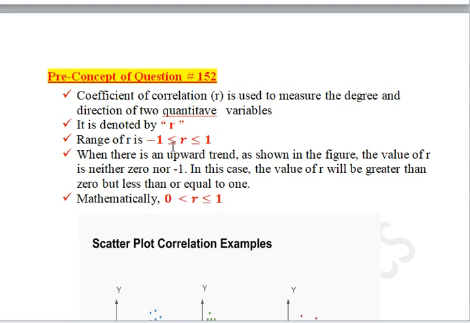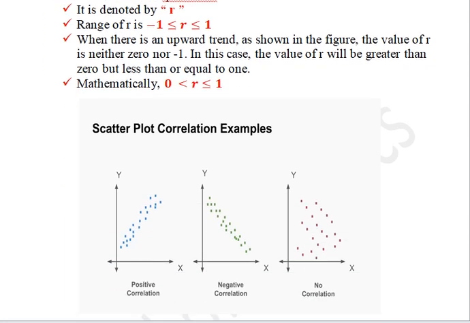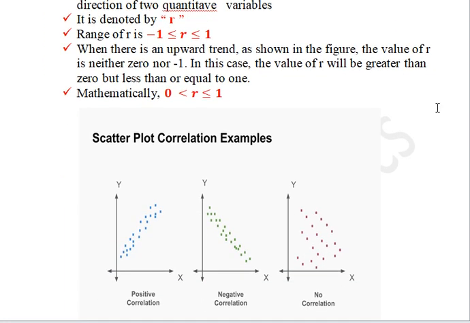When there is perfect positive correlation, then the value of r will be +1. When there is perfect negative correlation, then the value of r will be -1. When there is an upward trend or upward pattern in the scatter diagram as shown in the figure, the value of r is neither 0 nor -1.